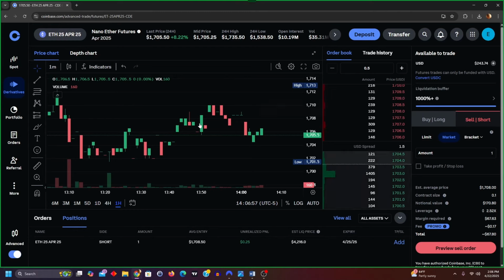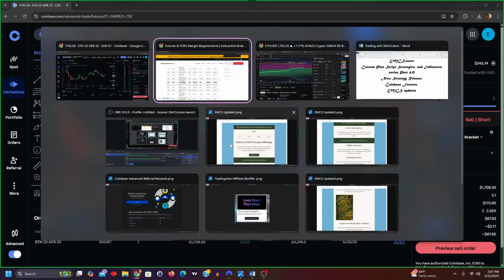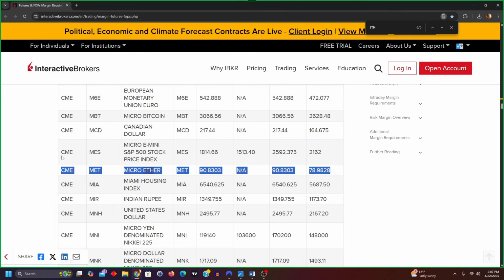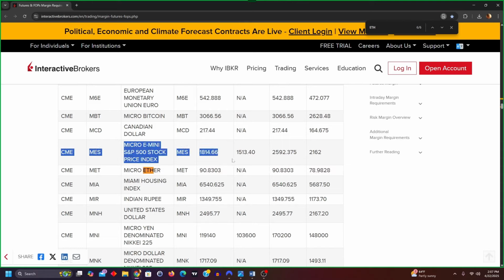So we like these Coinbase derivatives for a lot of different reasons. It's a much lower barrier to entry. You can see compared to the micro E-mini S&P 500, these contracts are going for $1,800, right, with overnight maintenance of over $2,500.